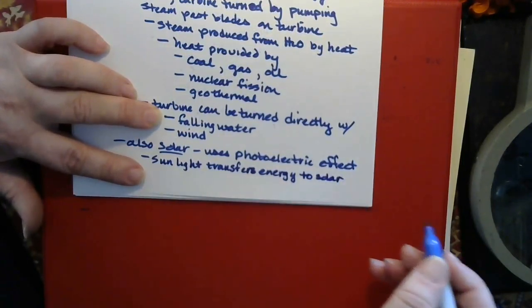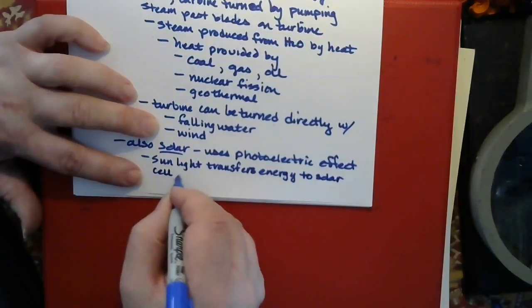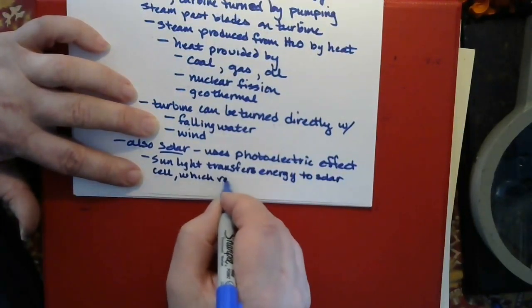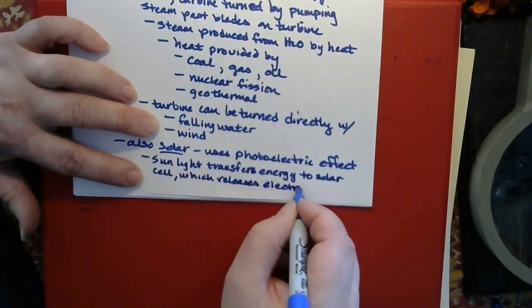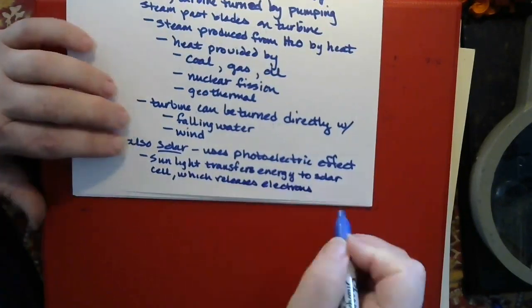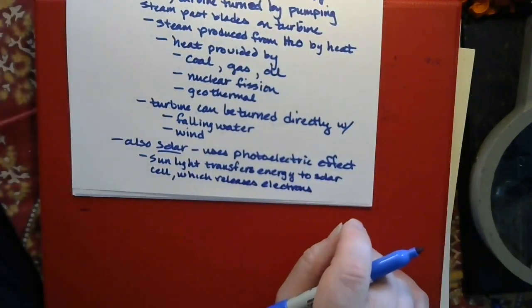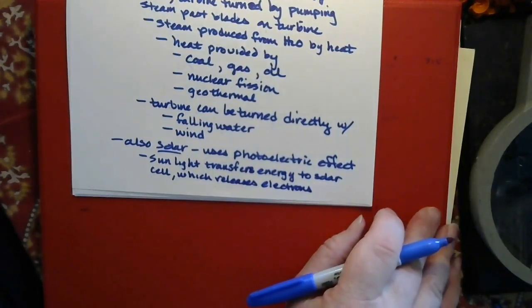Sunlight basically transfers some of its energy to the solar cell, which releases electrons. And those electrons can then be funneled through a wire, and there's your electric current. Various materials are more prone to giving up electrons than others are.